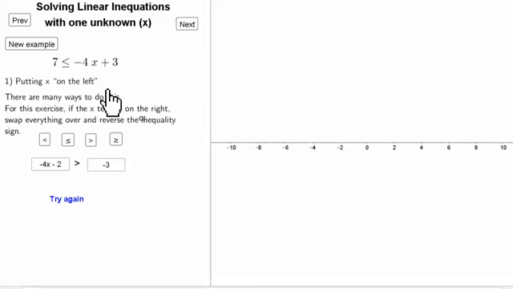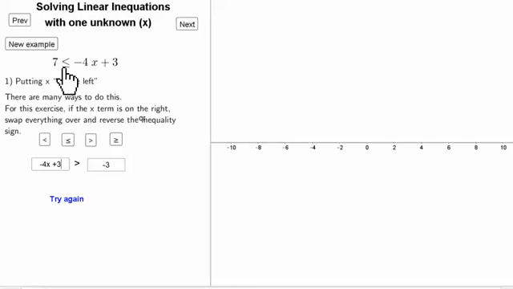We're going to begin by putting x on the left. There are a number of ways of doing this. What we're going to try for here though is one step at a time. The only thing we're going to do is reverse the inequality expression, which means that we put negative 4x plus 3 on the left.